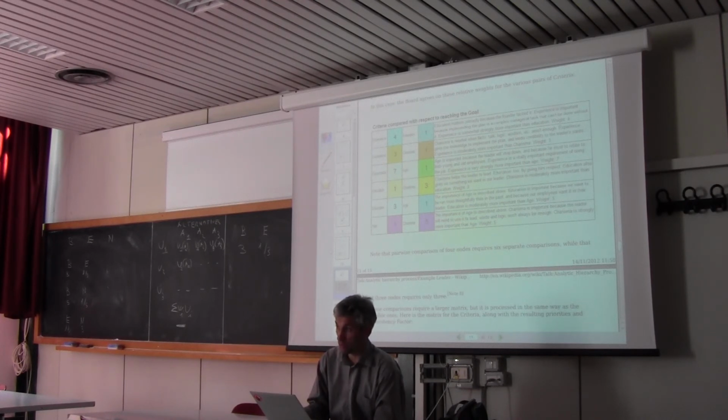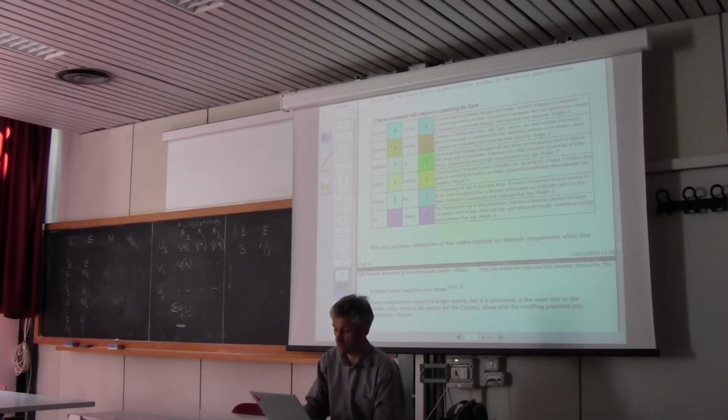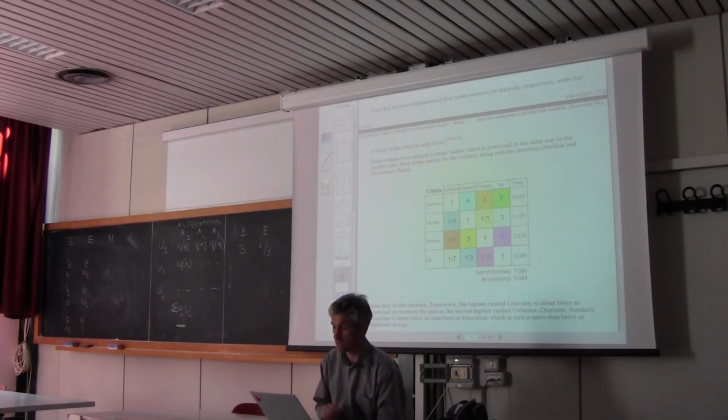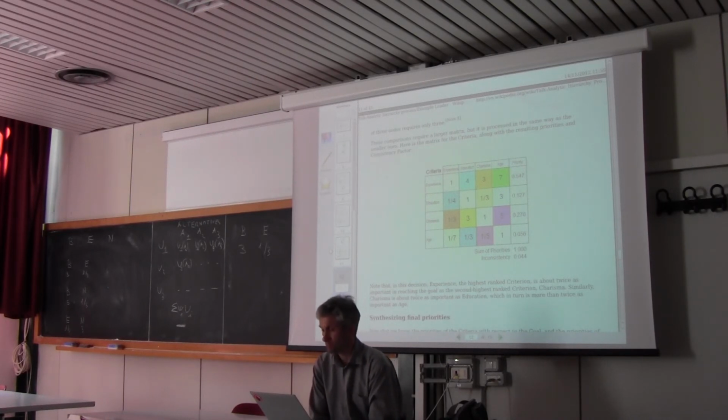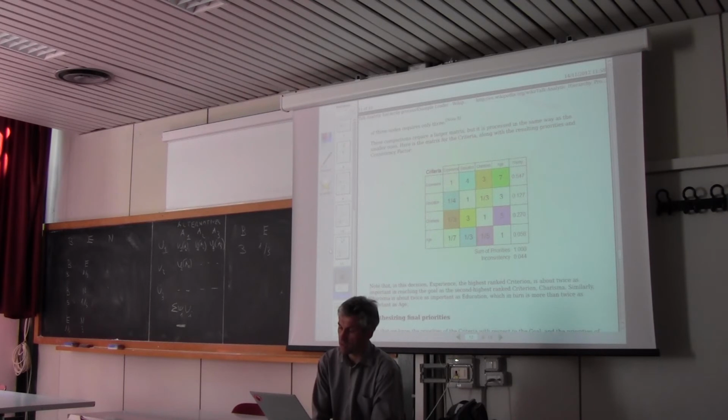Now we have to determine the weights based on this evaluation. Let me move forward. This is the matrix. The weights are determined, as I said to you before, by the eigenvector, or in a simpler way, you take the sum in each row divided by the overall sum.